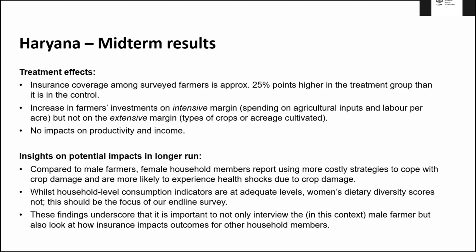So it's important to not only look at impacts for a farmer, but also in a household, but also look at other household members. So I think that's important to highlight in how we decided to design the survey, and this is going to be important for us in the endline survey, that we need to make sure that, again, we are interviewing both male and female household members, even if in this area, culturally, men are seen as farmers and women are actually not.